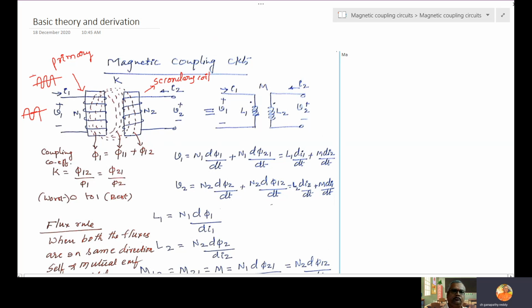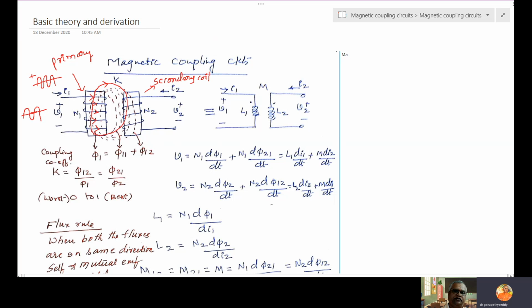Now during the positive half cycle of the current, this is the current direction. If we use the right hand thumb rule, the four fingers indicate the current direction, then the thumb indicates the upper side. So this is the direction of flux. The flux will go like this and come back.